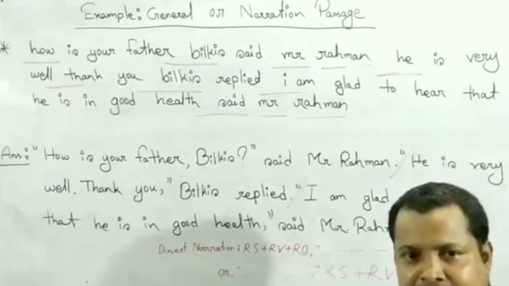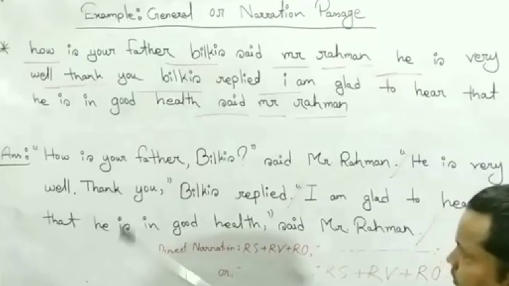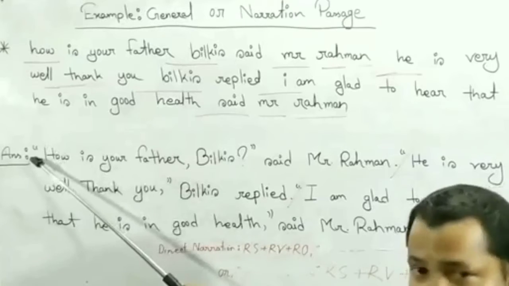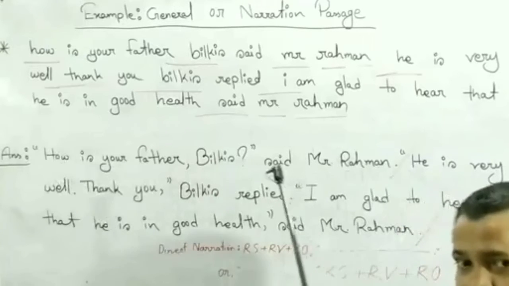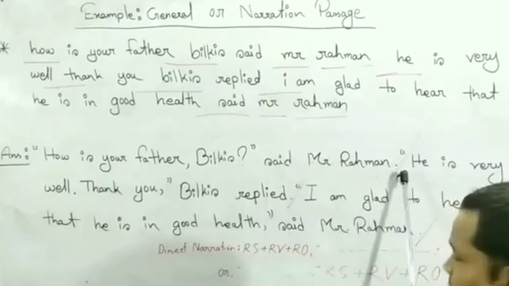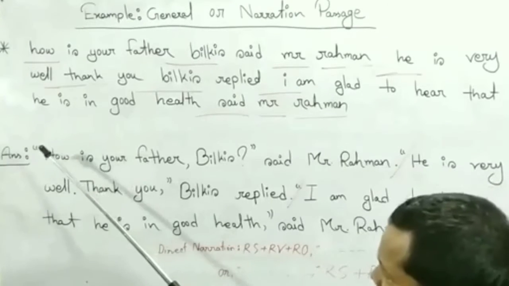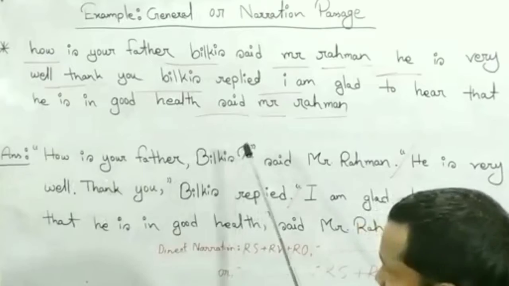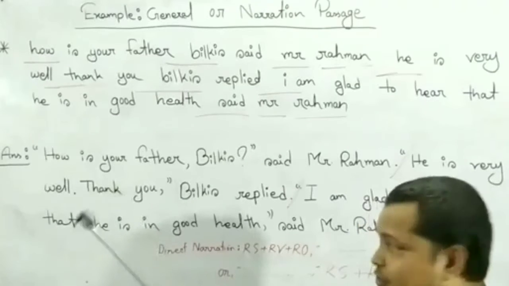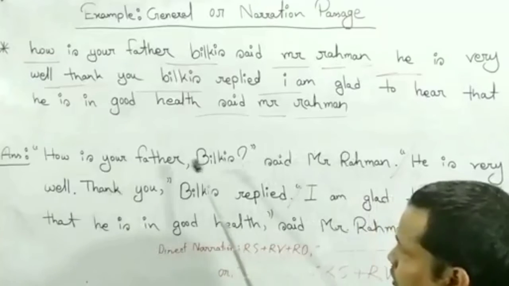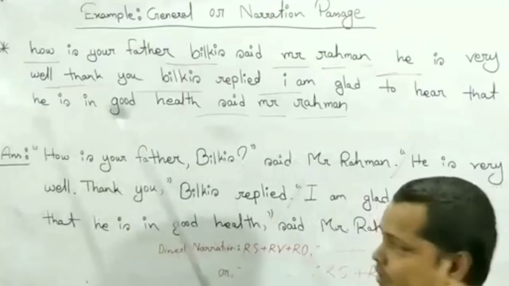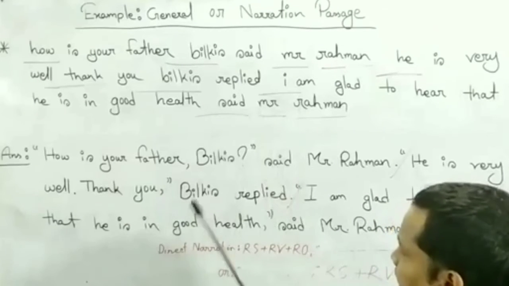Here are 3 parts. Okay. From here to there, 1 sentiment. So we have to give a full stop here, and from here to there, it is the main speech of the speaker. So we have to give inverted commas here.